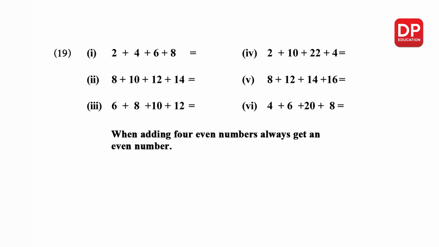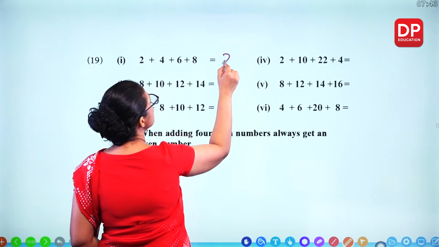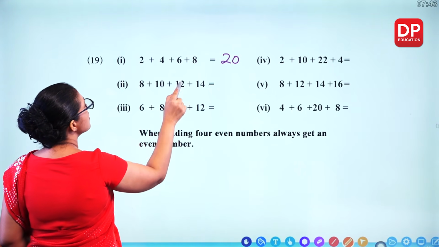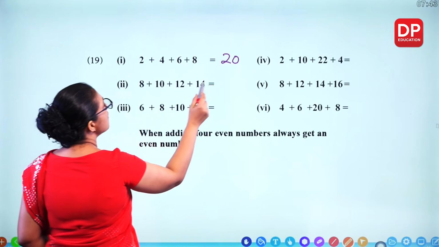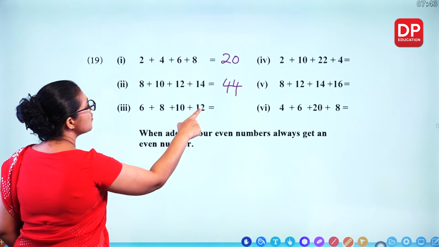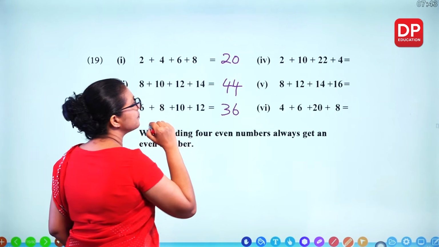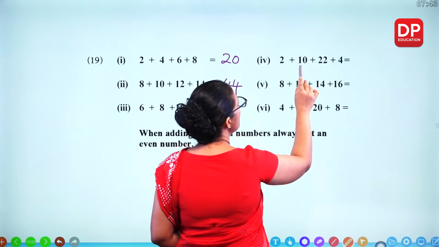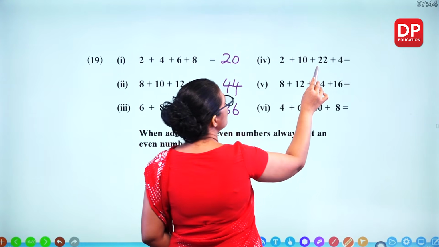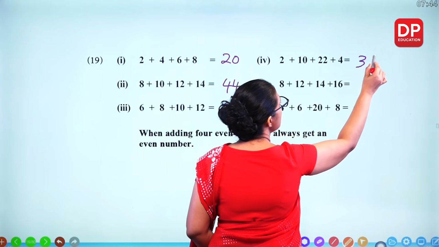Adding 4 even numbers. 10 and another 10, that's 20. Here you get 20 and 30, 44. This one, 8 and 12, 20 and 30 and 6, 36. This one, 22 plus 10, what's that? 32. 32 plus 2, 34. 34 plus 4, 38.